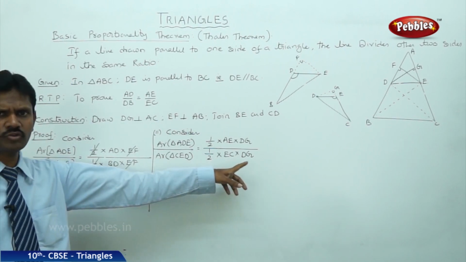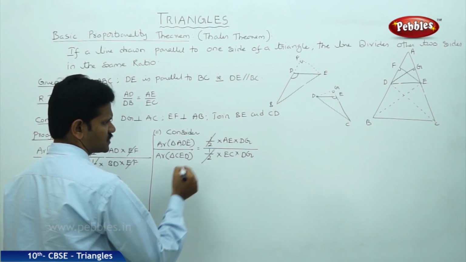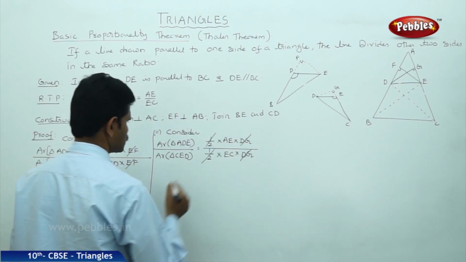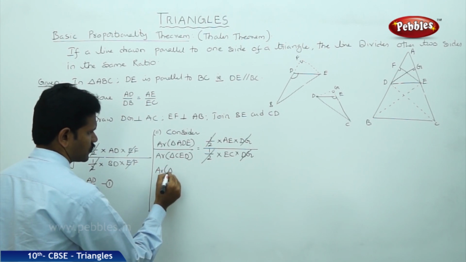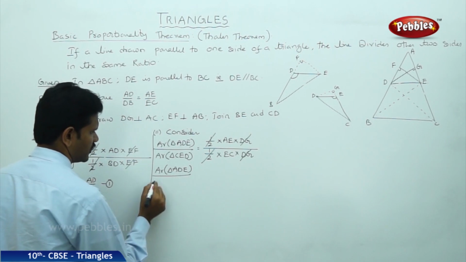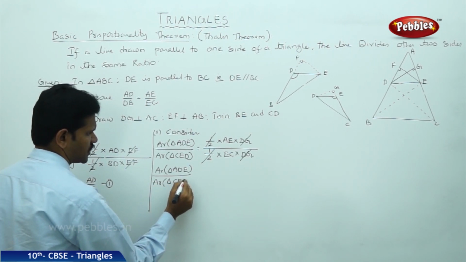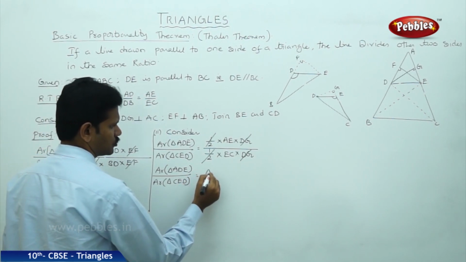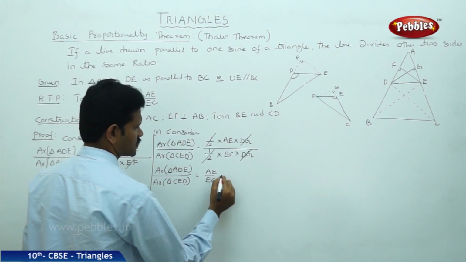Half into base into height, that is half gets cancelled, DG gets cancelled, that is area of triangle ADE by area of triangle CED is equal to AE by EC. This is equation 2.